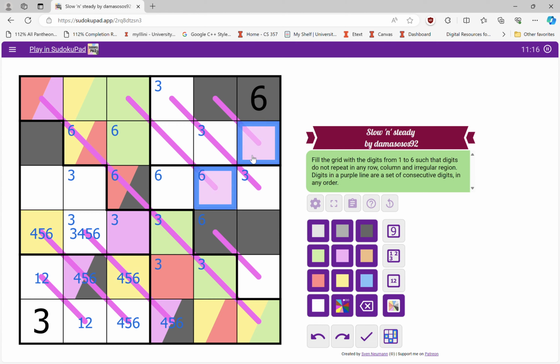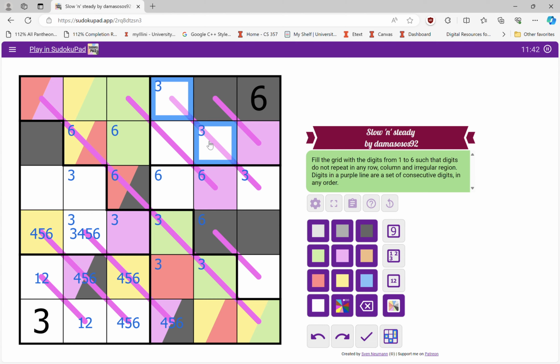Let's see. If both of these are pink, then that implies it's not 6, it's 4 or 5. Which means that this one here has to be 3, 4, or 5, right? Yeah. Then this one would be 3, 4, 5. We have a 4 or 5 here. This one would have to be also 4 or 5 or 3, so we'd have a group of 3, 4, and 5 for these.